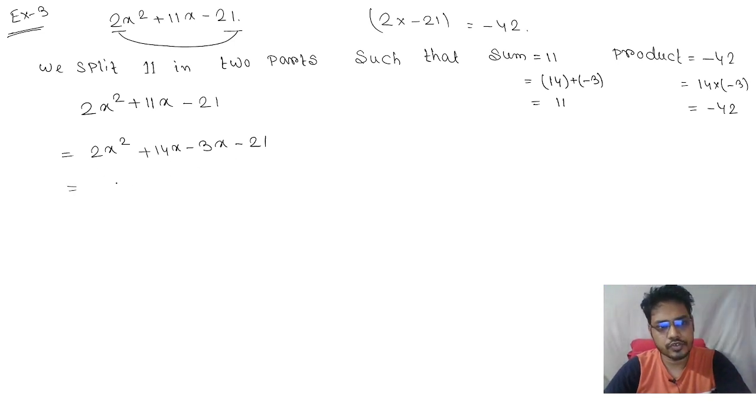From the first two parts, take 2x common, so it will be x plus 7. Now take minus 3 common, it will be x plus 7. So x plus 7 is common, and taking it common, it will be 2x minus 3.